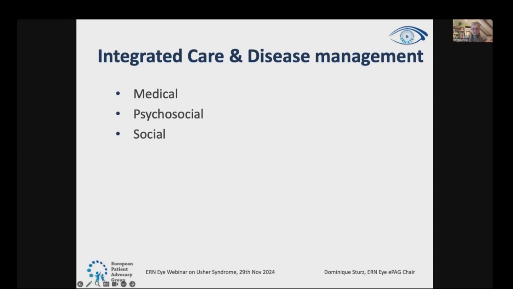So for the medical aspects, it would be good to have, if you can, interdisciplinary panels for diagnostics if necessary, or also for other important decisions. It's good to have genetic counseling with all its implications, and it's good to have a plan for the regular follow-ups and assessments, and also a plan about treatment decisions, if any, for example, to treat the hearing loss.